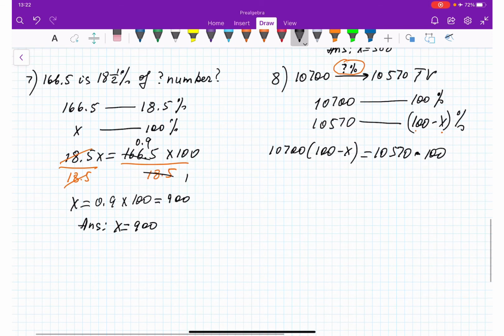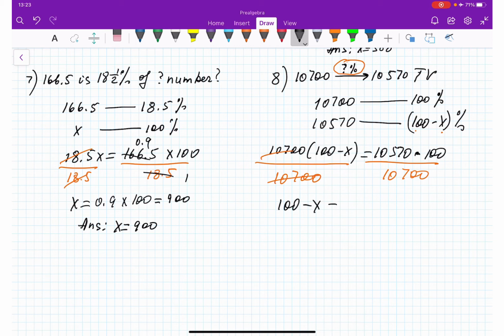All right, so I'm trying to figure out 100 minus x, which means I have to divide by 10,700. So what do we get? This is gone, right? I will have here 100 minus x. And two zeros canceling with these two zeros, and we have 1,057 by 107.